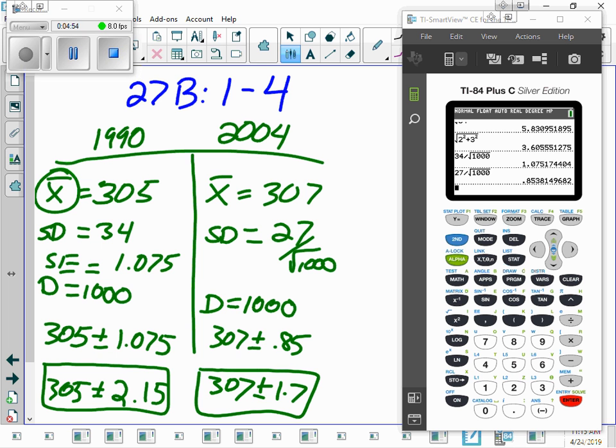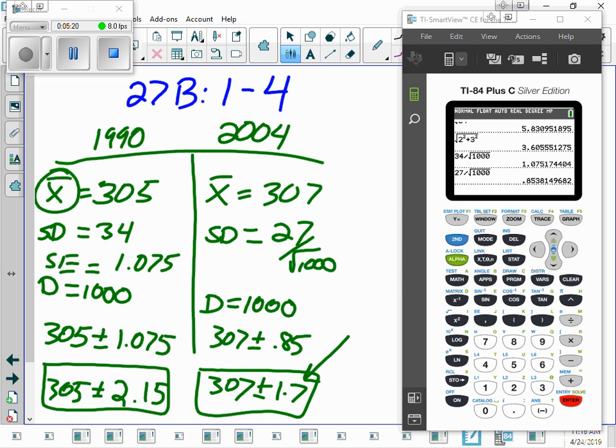I am 95% confident that the true average in 2004 landed in that window. I'll never know the truth, but I'm 95% confident that I captured it. Once again, I either captured it or I didn't, but I'll never know.